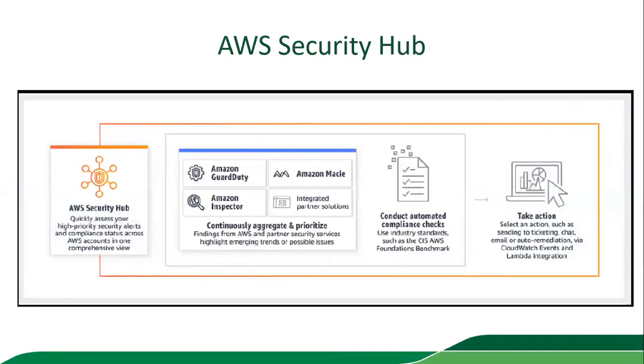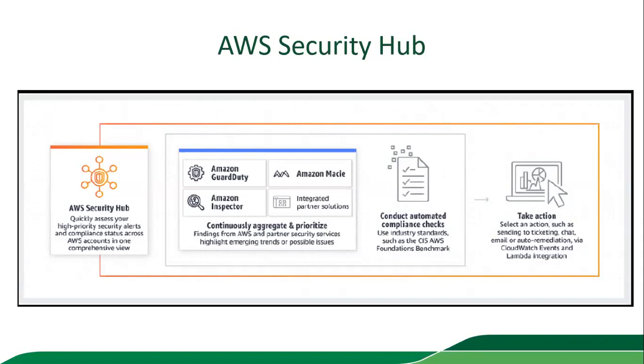Also, we have AWS Security Hub, right? What AWS Security Hub does is it quickly assesses your high priority security alerts and compliance status across AWS accounts. So if you have one account or multiple accounts, all the high priority security alerts can be assessed, and based on that, you will be able to identify if there is a potential security threat or not.